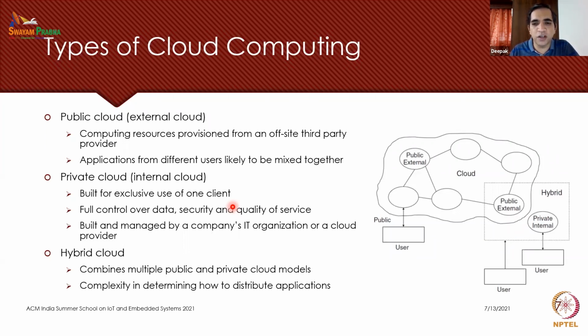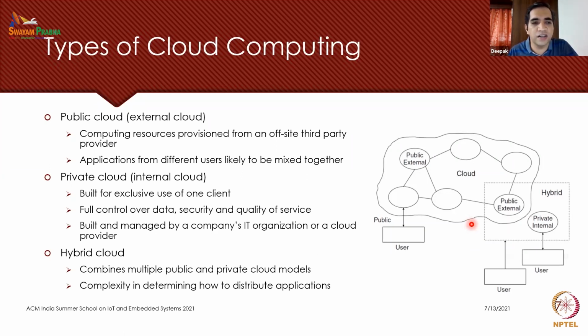The three types of cloud computing that are used in various scenarios are public cloud, private cloud, and something called a hybrid cloud. So public cloud is nothing but the scenario where there are multiple users asking a third party cloud service provider for some resources or some services, like we already saw.